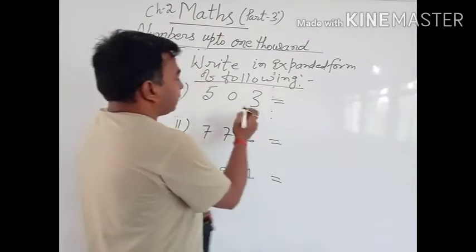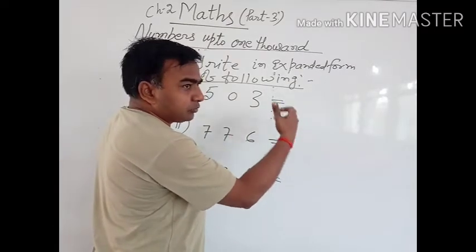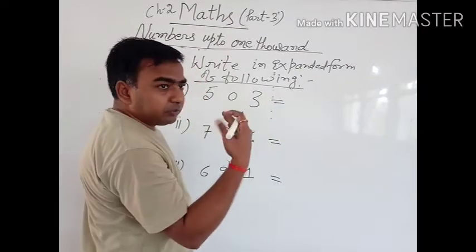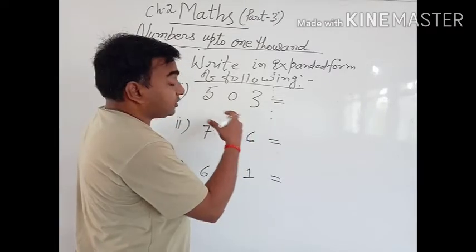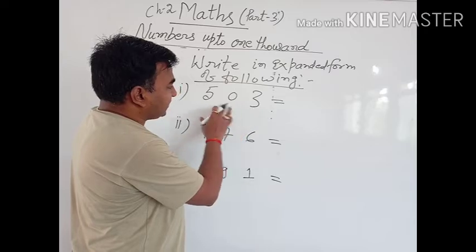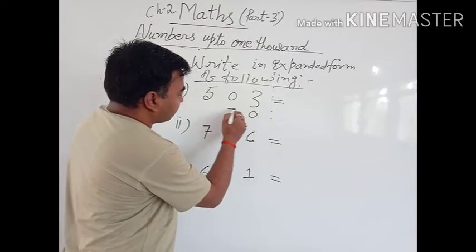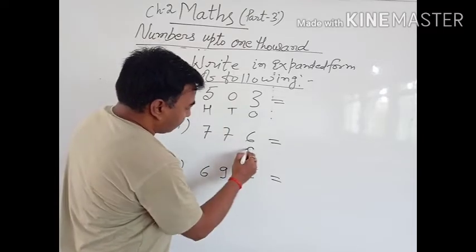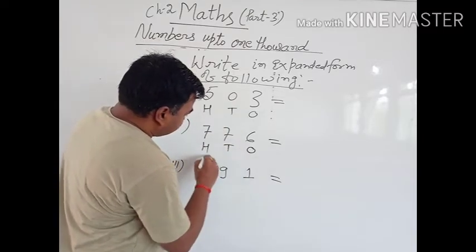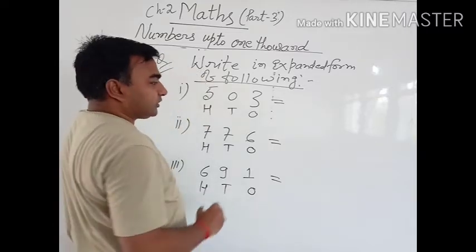Look here. Ones, tens, hundreds. Before we write the expanded form, first we will read the given number with its places. Ones, tens, hundreds.